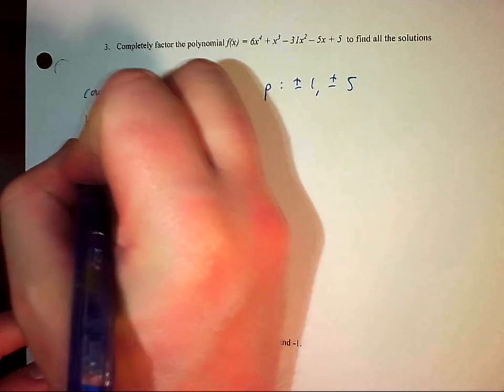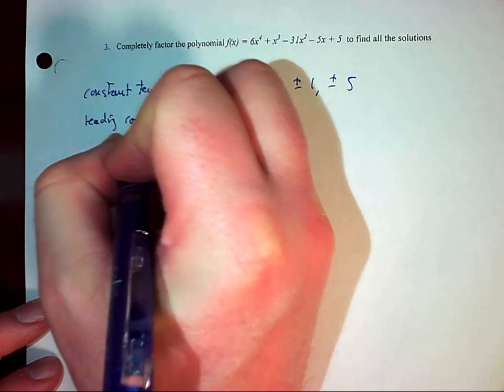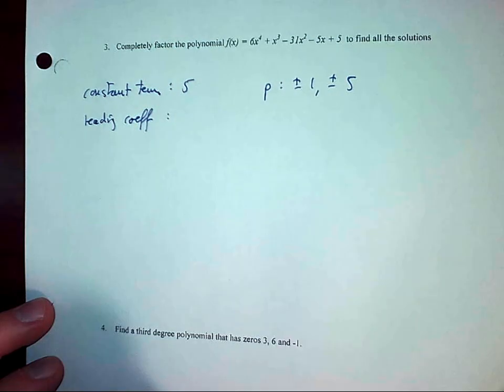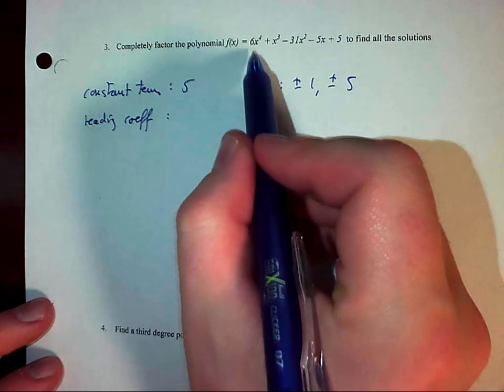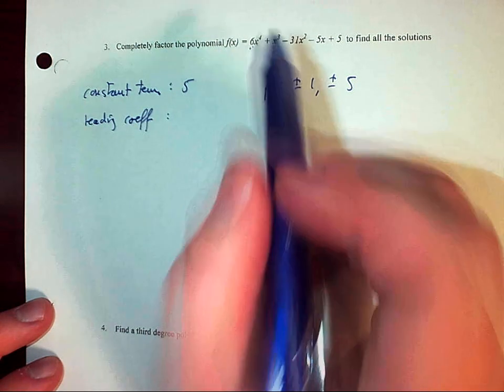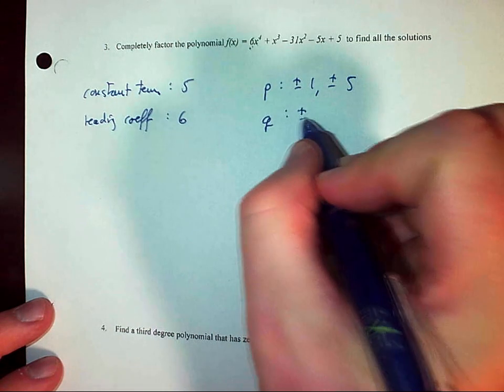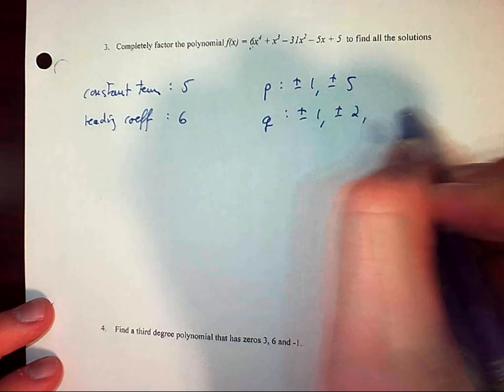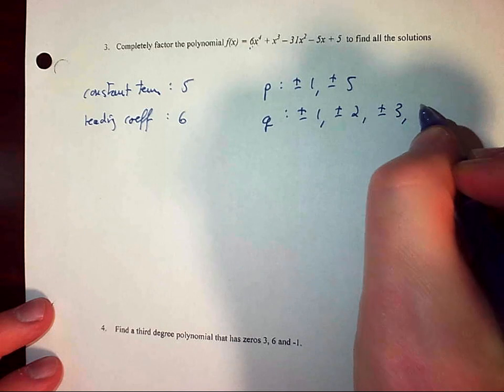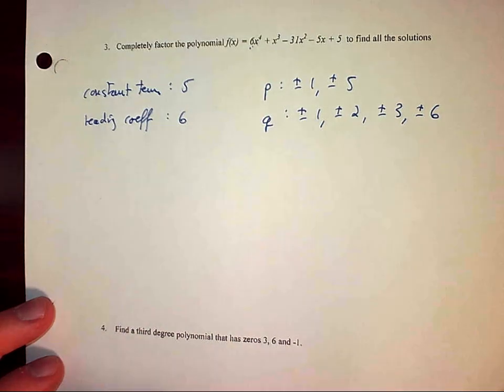Now here for our leading coefficient, our leading coefficient is the number 6, since it's the coefficient that's associated with the highest degree. So therefore Q is going to be plus or minus 1, plus or minus 2, plus or minus 3, and plus or minus 6.